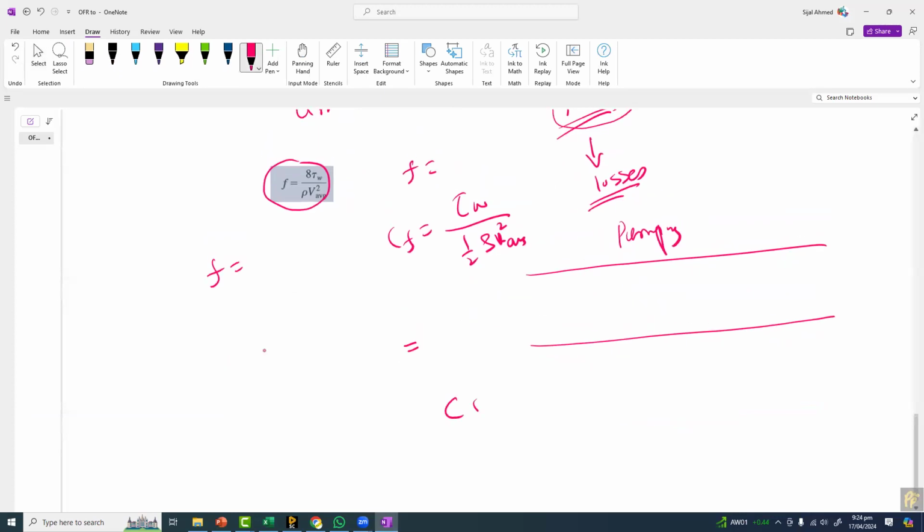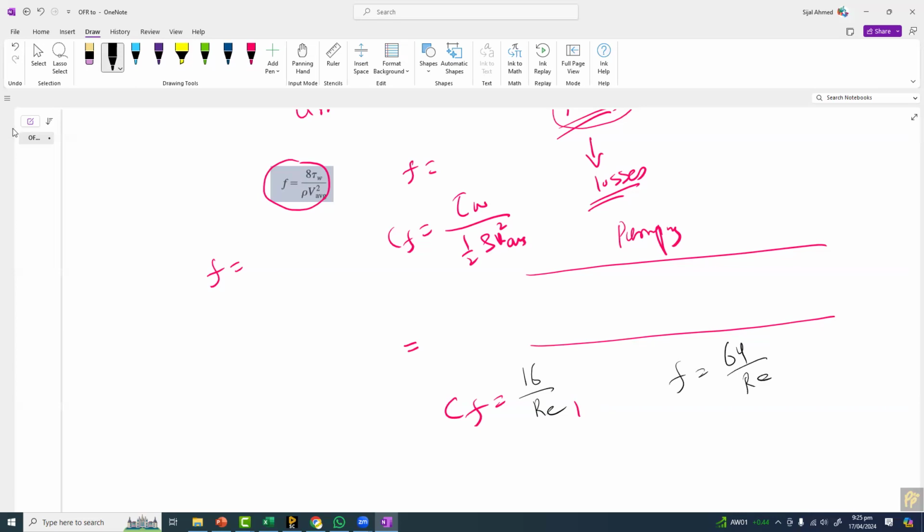See, the CF is equal to 16 upon RE and F is equal to 64 upon RE.